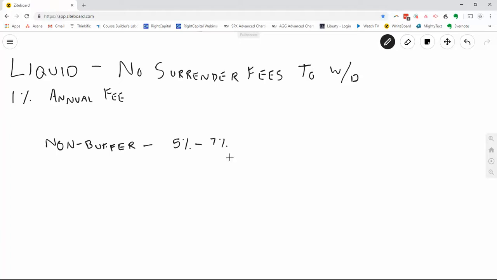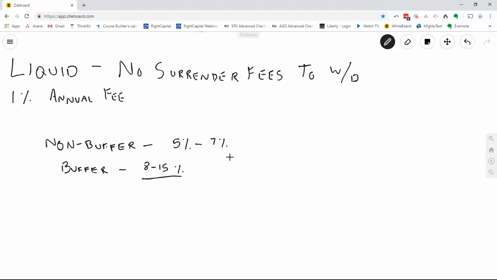That would be extremely generous. But the 1-year on the buffer accounts, depending on which market segment you're in, can be pretty generous. I've seen it between 8 and 15%. So it can be almost twice as much as the non-buffer. So it's much more generous.